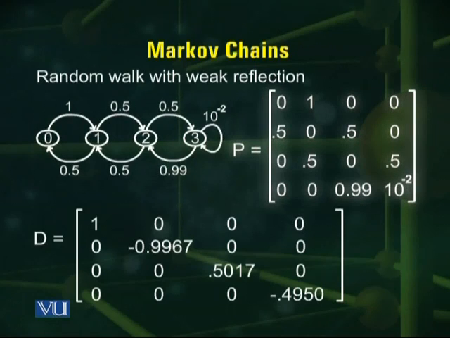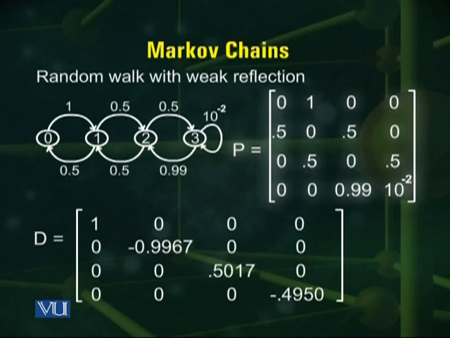The difference in the one-step transition probability matrix for this modified Markov chain is in this 4th row representing the 3rd state, the last state. And here you see that there is a probability of 10 raised to power minus 2 in the 4,4 location representing the probability of returning to the same state in the next transition, and going to the previous state, it happens with a 99% probability.